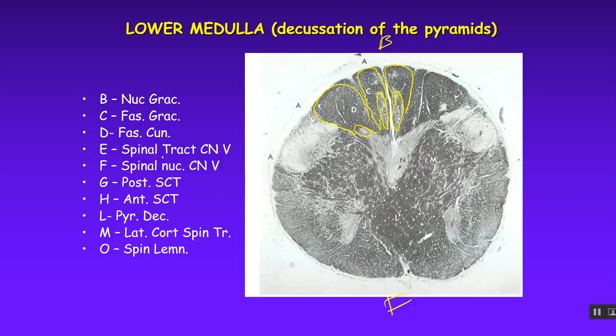E, spinal tract of cranial nerve number 5. So the darker material right here is the spinal tract of cranial nerve number 5.